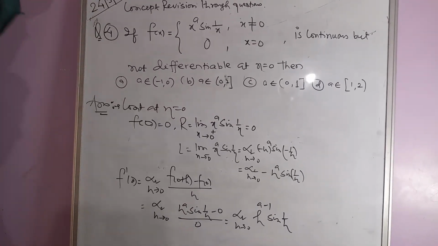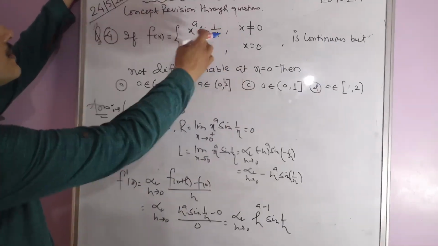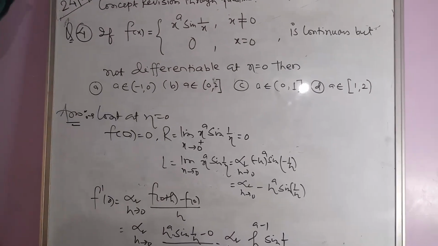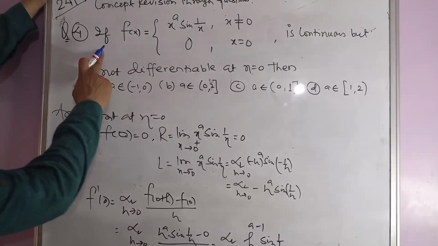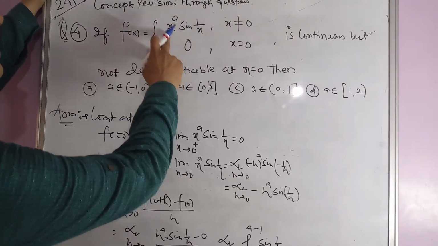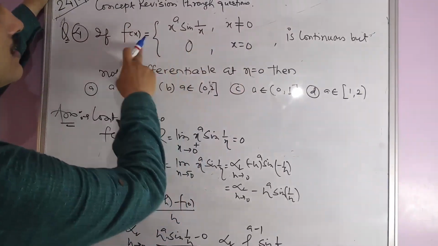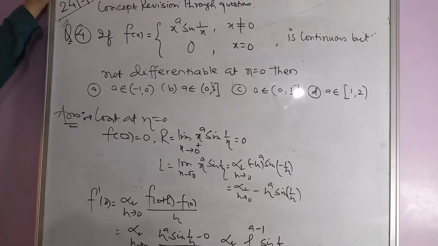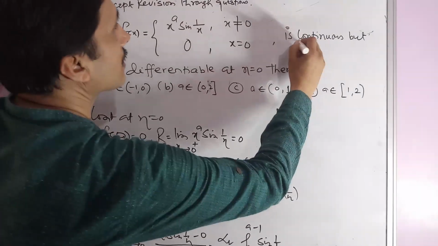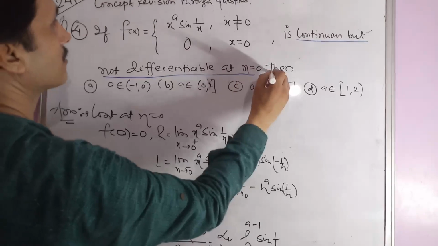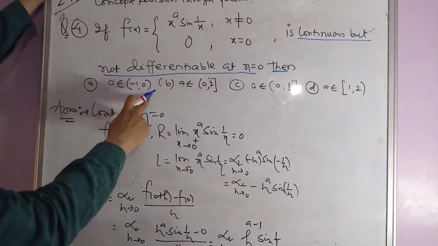Our fourth question is: if f(x) is x to the power a sin 1 by x for x not equal to 0, and 0 when x equal to 0, is continuous but not differentiable at x equal to 0, the interval of a will be?